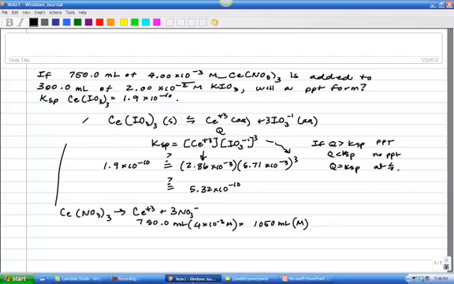And we're going to compare that to 1.9 times 10 to the negative 10. And we can see the value I got is not equal to, it's greater than. So in this case, Q is greater than the KSP, so precipitate forms.